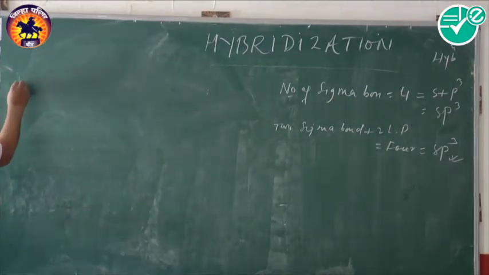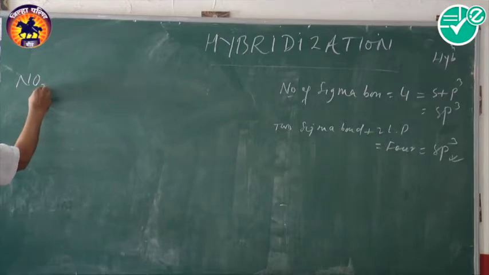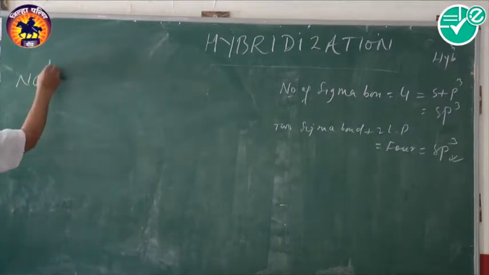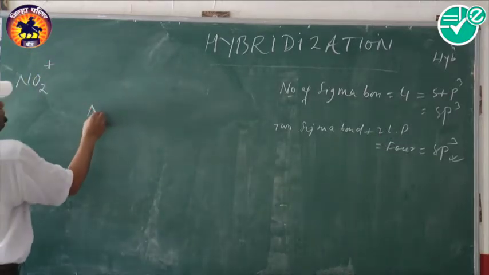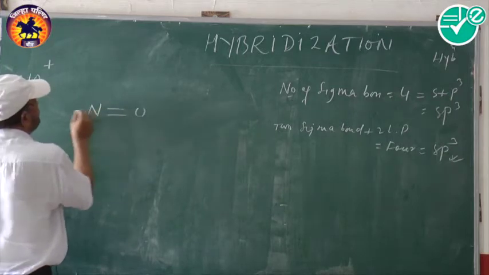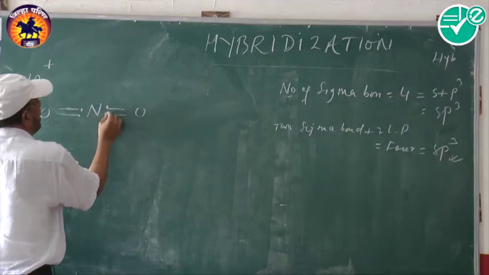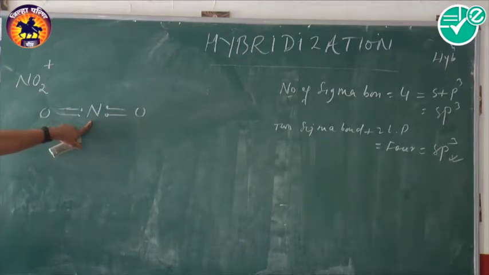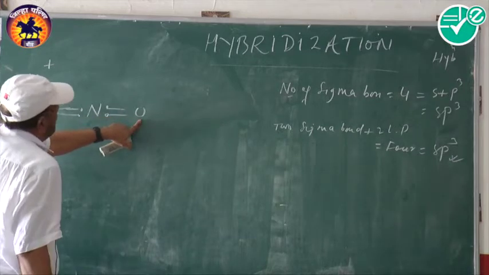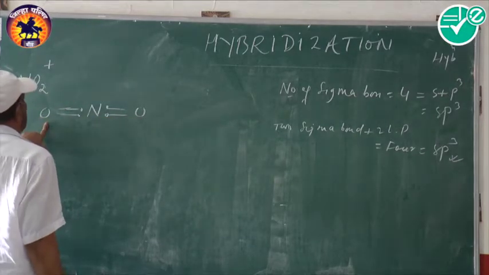This is your NO2 plus. N has 4 bonds. Each O atom has 2 bonds.